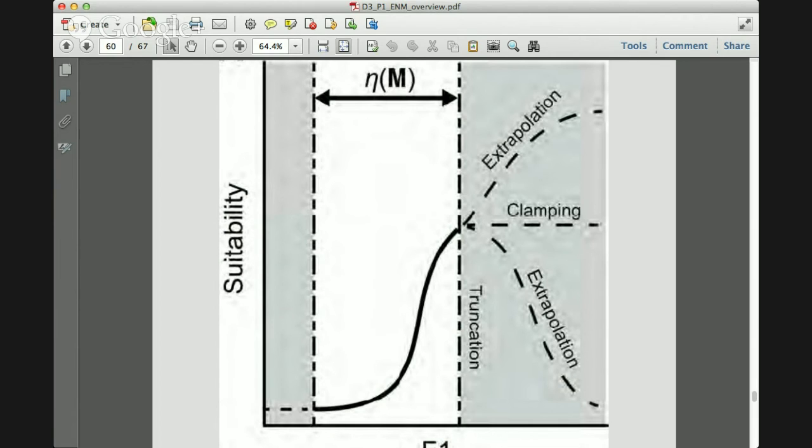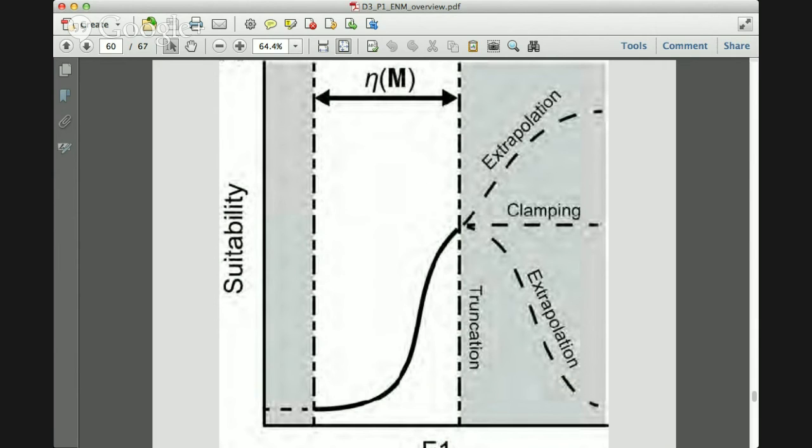But to the right, I've got a problem, which is to say, notice I've got 4 different ways of extending that curve. Look at the upper one called extrapolation. Right at the edge of my M conditions, my response is still going up, so it could be that it'll keep going up. And all the way over at the right edge of the page, my species is still very happy.